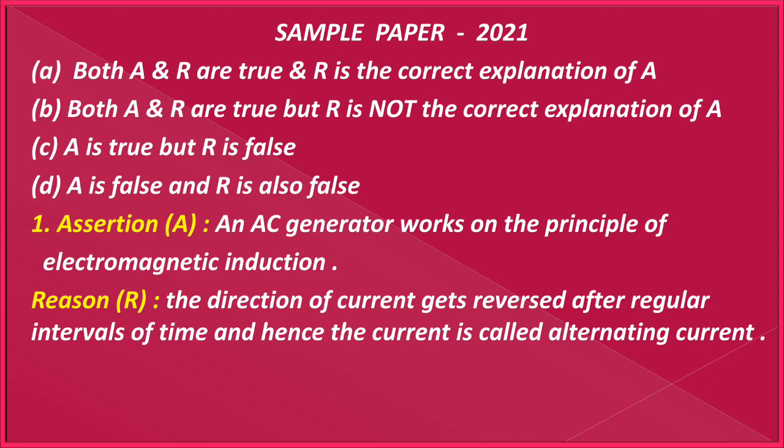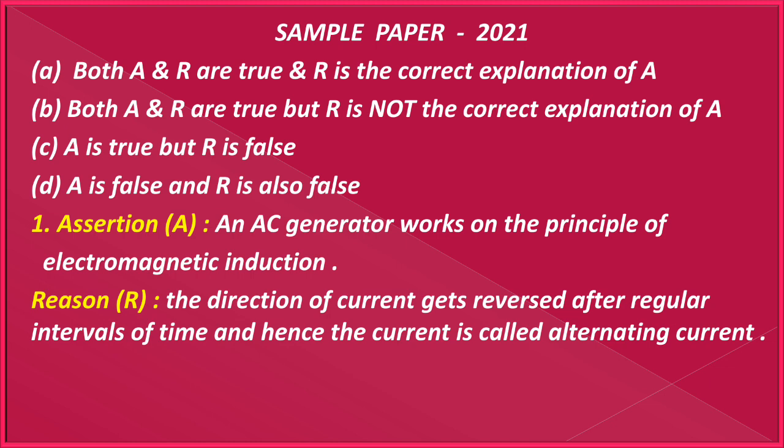So question number 1, assertion is given as an AC generator works on the principle of electromagnetic induction, and the reason is the direction of current gets reversed after regular intervals of time, and hence the current is called alternating current. First of all, you have to decide what about the assertions, is it right or wrong.